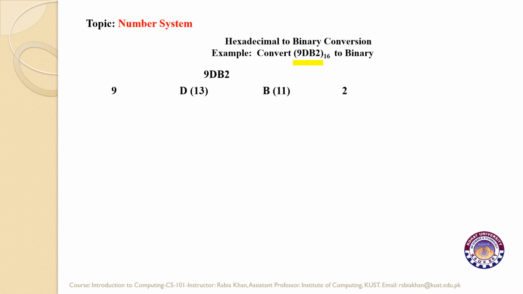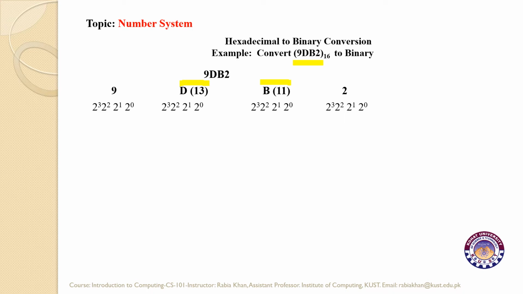So 9 will be split into a group of 4 binary digits, D will be split into a group of 4 binary digits, B will be split into a group of 4 binary digits, and 2 will be split into a group of 4 binary digits. Here you can see D represents number 13 and B represents number 11. How can you convert the group of 4 binary digits?